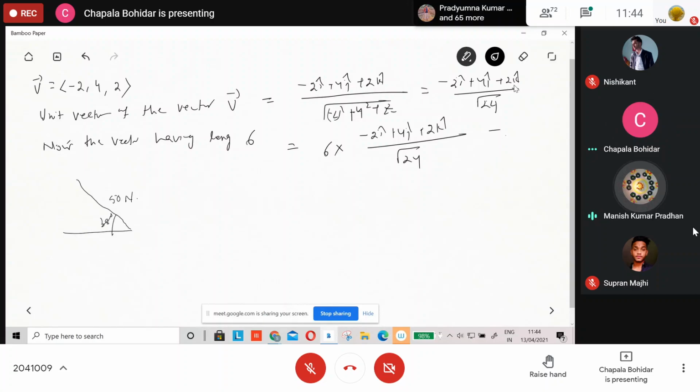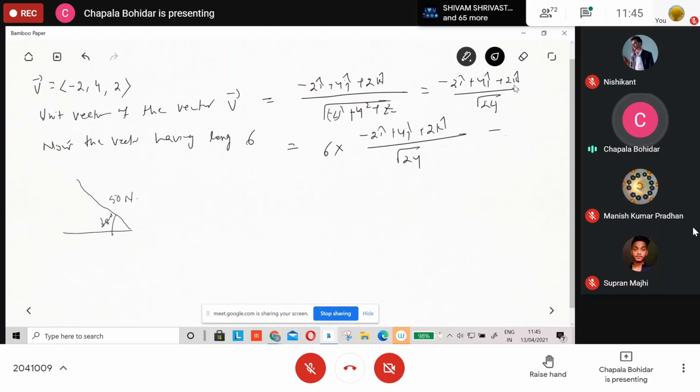Ma'am, question again. If a child, I've already done the figure. If a child pulls a sled through the snow on a level path with a force of 50 Newton, clear? Exerted at an angle of 38 degrees above the horizon.